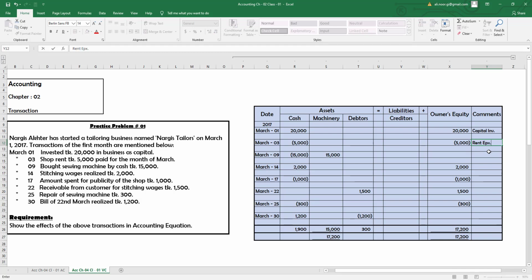You must write it in your exam, otherwise the teacher will deduct some marks. For March 14 you should write service revenue. Then advertising expense, then service revenue again, and this 300 is repair expense.